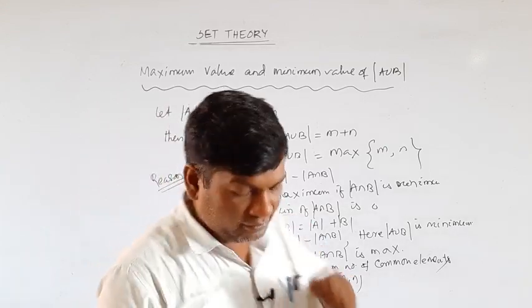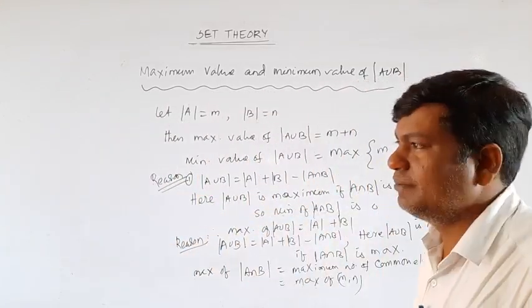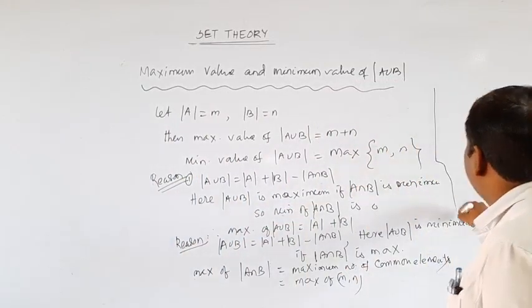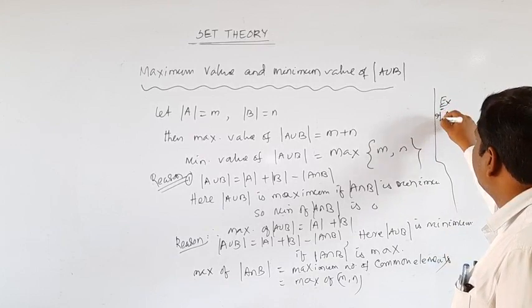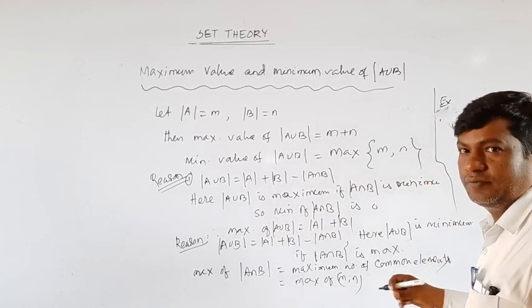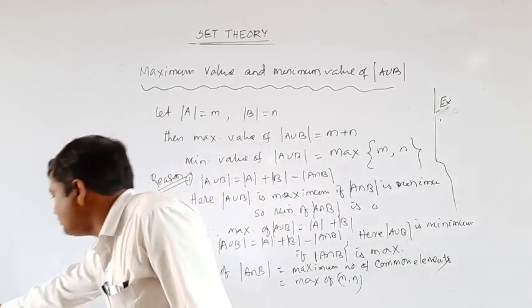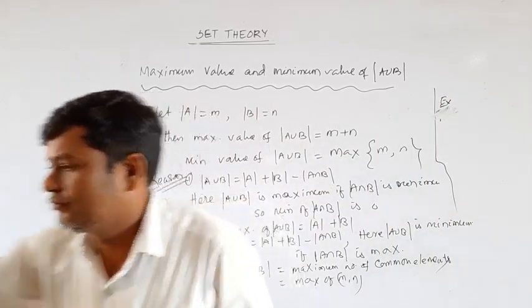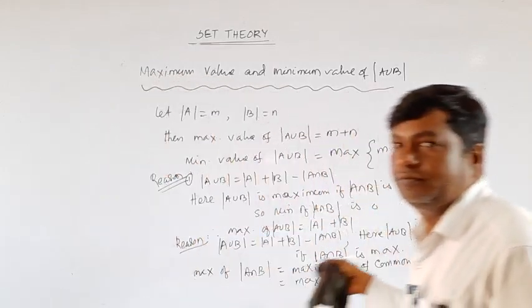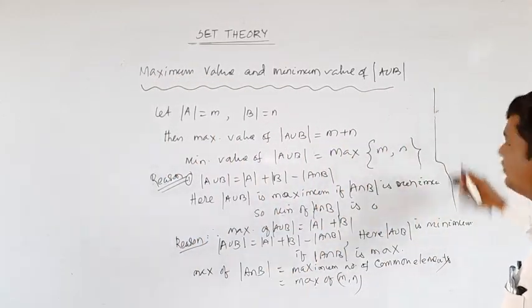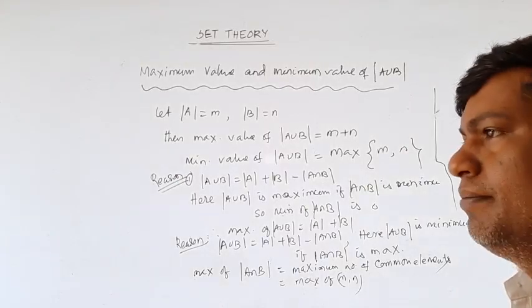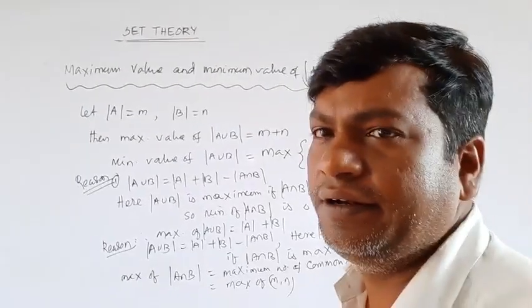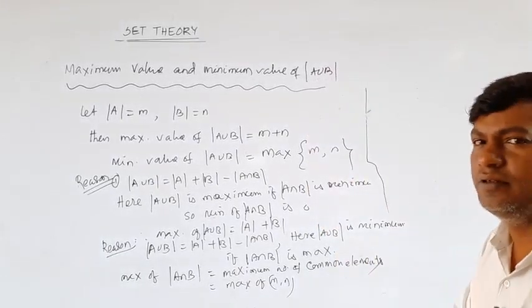One example. Suppose cardinality of A is equal to m, cardinality of B is equal to n, then what is the maximum?